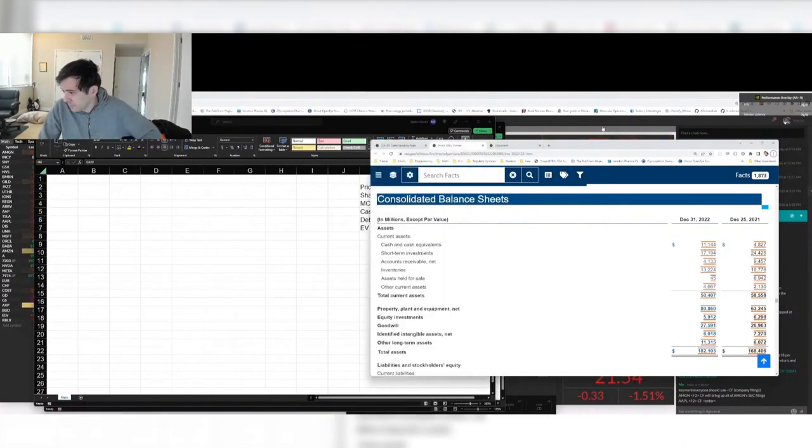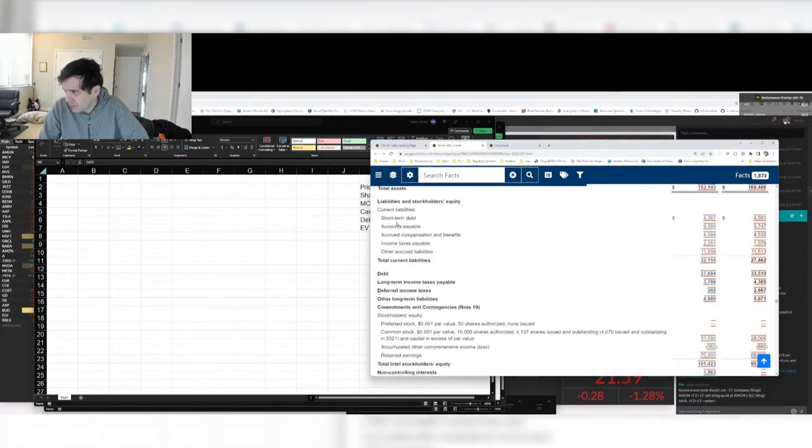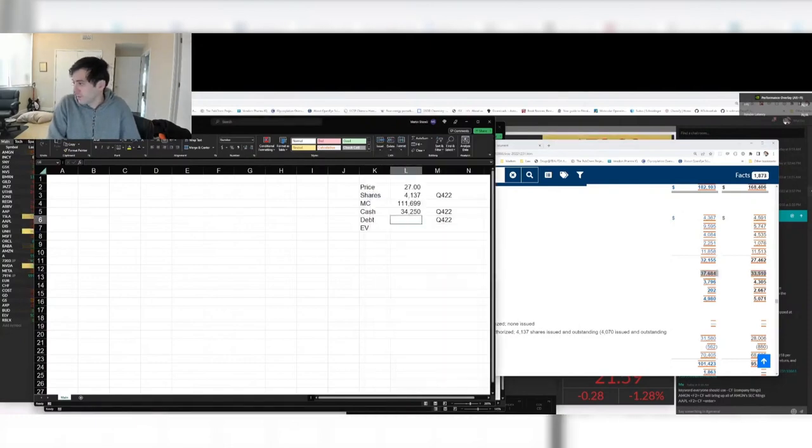You gotta include anything that's kind of a liquid instrument, in my opinion. So those 2 and this one look liquid. And now we gotta look at the debt. The debt is 4 billion here and then 37 billion there. And companies use debt for all kinds of reasons, stock buybacks, etc.